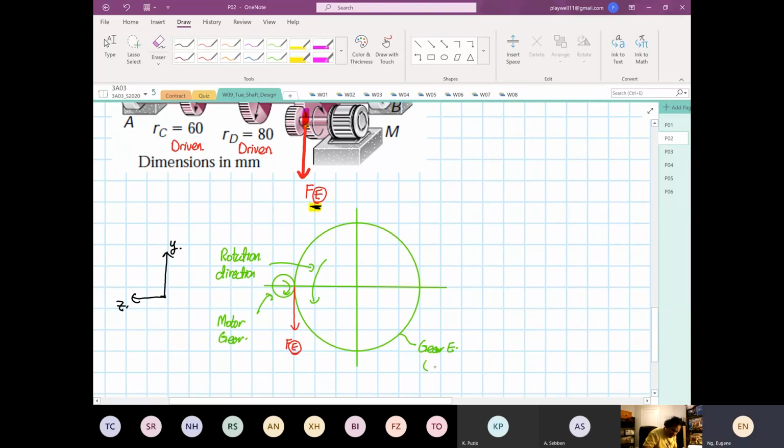So gear E, I call it the driver, because gear E is the one driving our shaft. So what do we want to calculate? We want to calculate the diameter of this shaft. This is the important part.